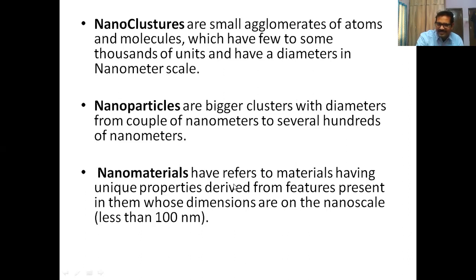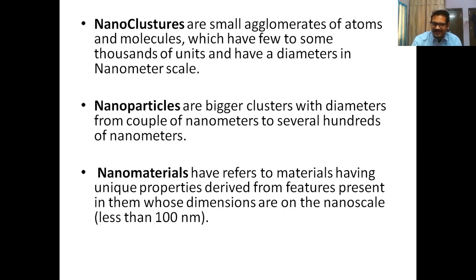Nanomaterials refers to the materials having unique properties derived from features present in them whose dimensions are on the nanoscale. So any bulk material that we observe, its properties normally deviate from a nano. Because one of the dimensions is in the nano size, these materials differ from the bulk.